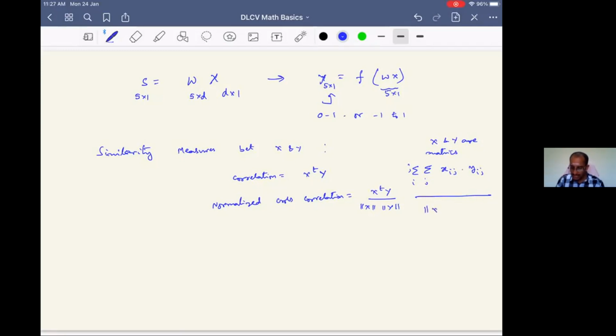Here, norm X is nothing but a matrix norm, and norm Y is again a matrix norm. Essentially norm X is defined as the sum of squares of the elements, under a square root. Hope you know this. So you can easily extend the definition from vectors to matrices.